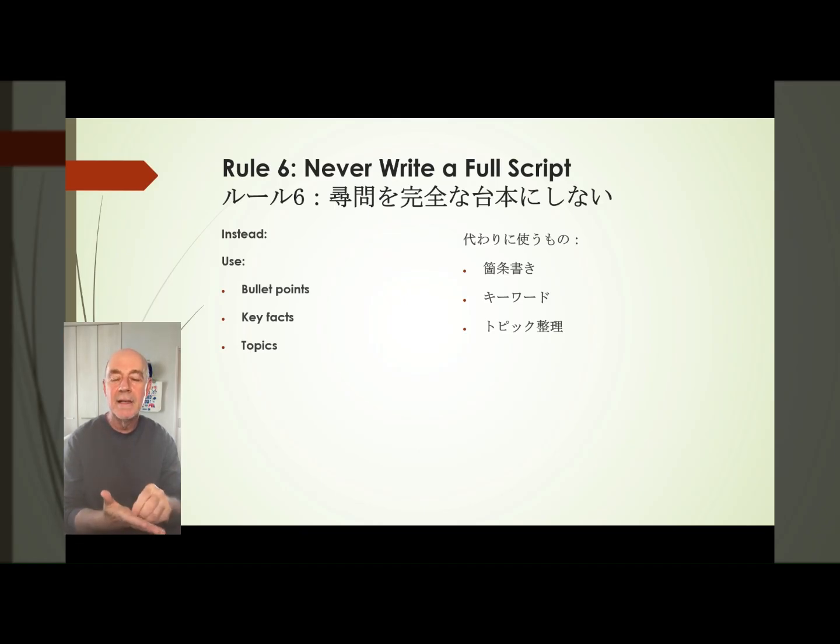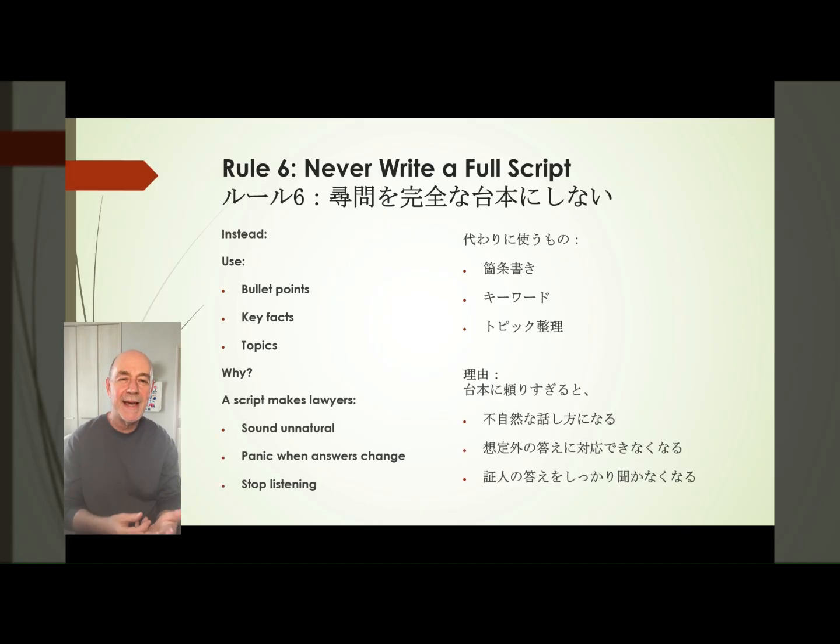Late at night, bad weather, no glasses, you didn't have your glasses. Just bullet points, key facts, or topics, because if you write out a script, number one, it sounds unnatural because you're just reading something, and it doesn't feel like it has any impact.